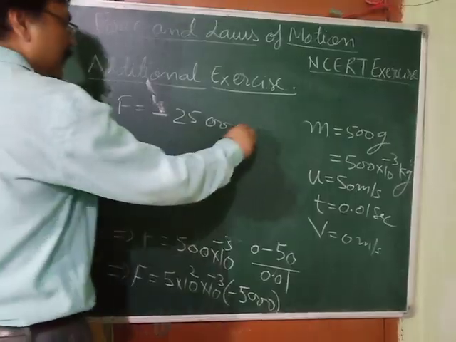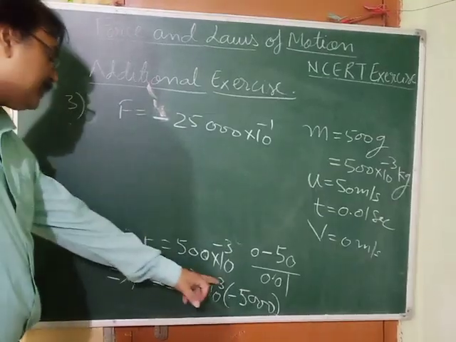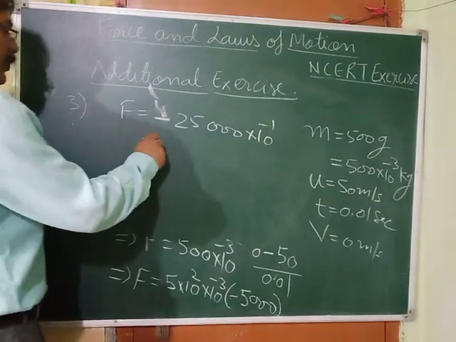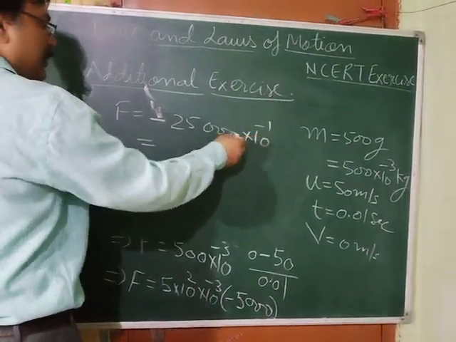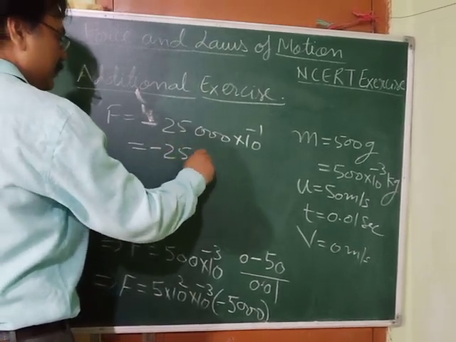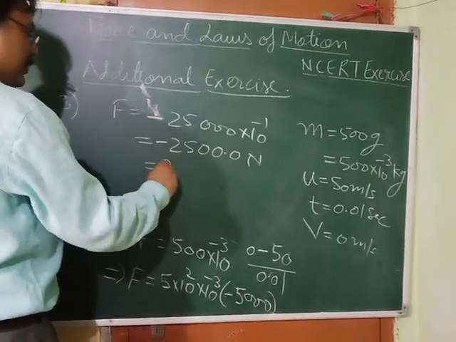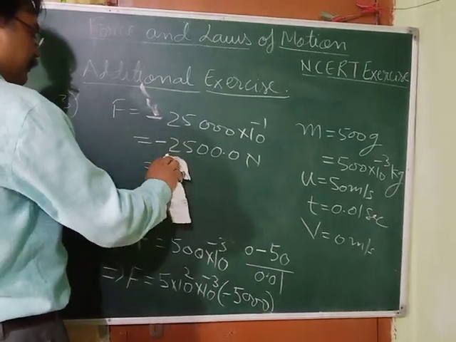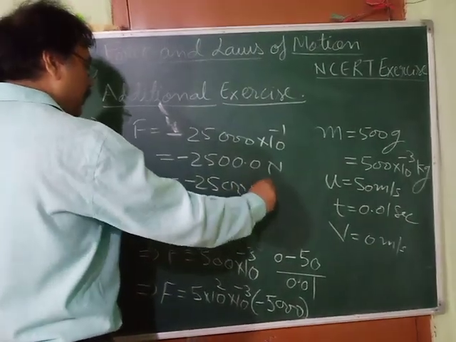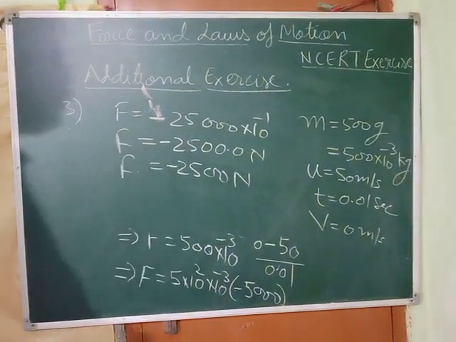And then we are left with 10 raised to the power minus 1, because plus 2 minus 3 is minus 1. Now, due to this minus 1, we can put the decimal over here. So we get minus 2500.0 Newton, or we can write minus 2500 Newton. That is the force applied by whom? By hammer on the nail.